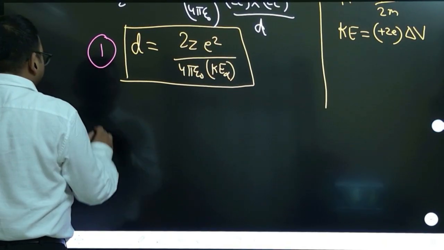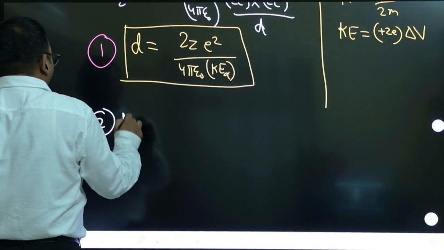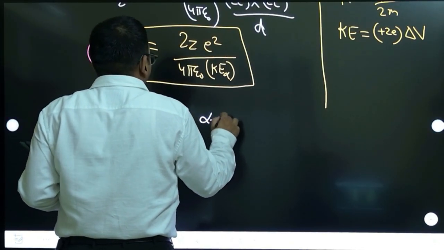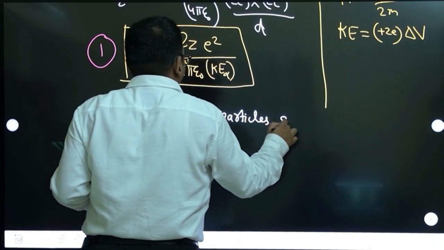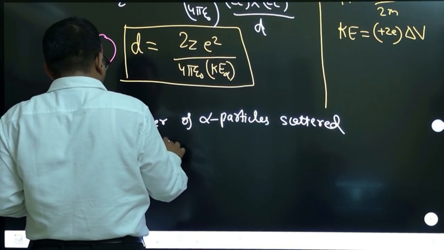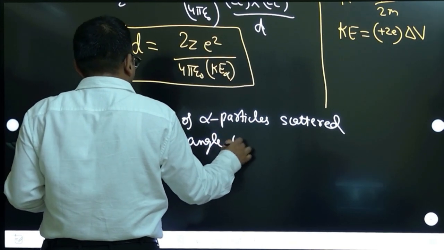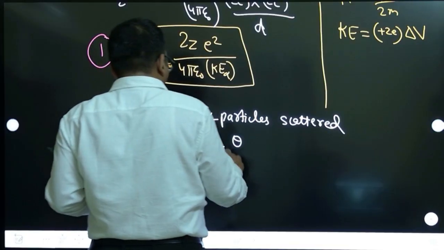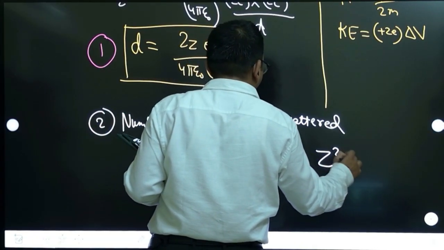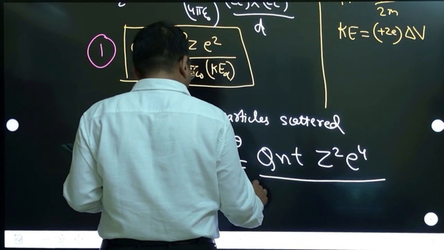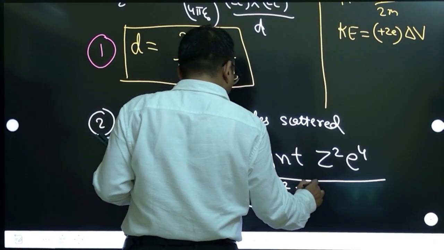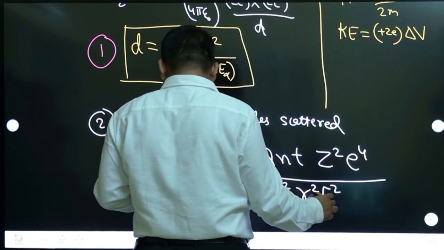The second thing you need to note is the number of alpha particles scattered at an angle theta. That number of alpha particles is given as Q n t Z square e power 4 by (8 pi epsilon naught) whole square r square E square.